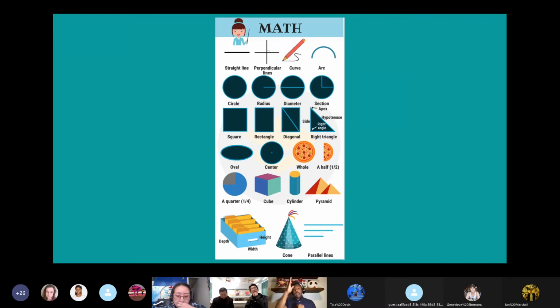Whole, half, quarter, as I mentioned before, a cube, cylinder, pyramid. And then below here, we just have some descriptions in order to find the area of an object.